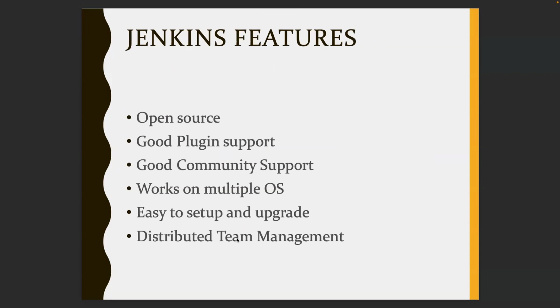When you talk about distributed team management as a Jenkins feature, it's one of the features. It's so famous and widely used because of its flexibility and its plugin support. It has got hundreds of plugins. Distributed team management may be there with all the other tools as well.